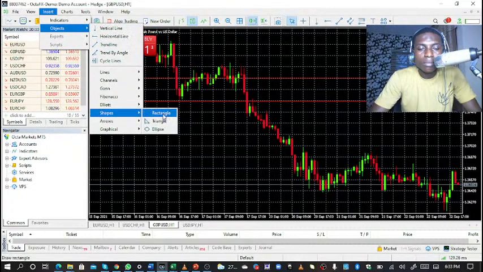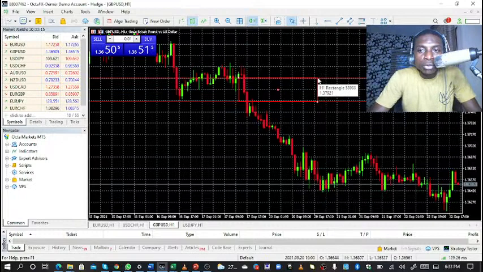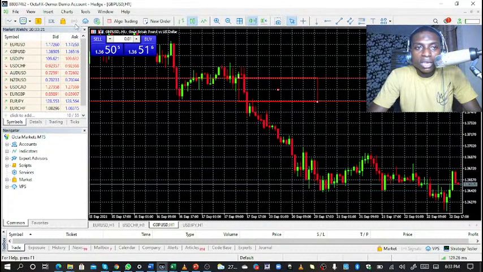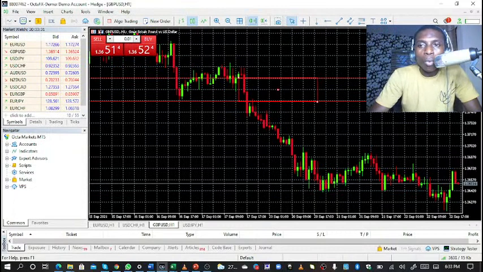So we want to know the difference between the price of this region here, and that difference is the pips. Here we have 1.37916, and at that point we have 1.37614.